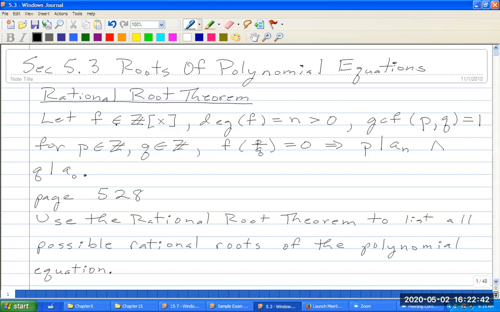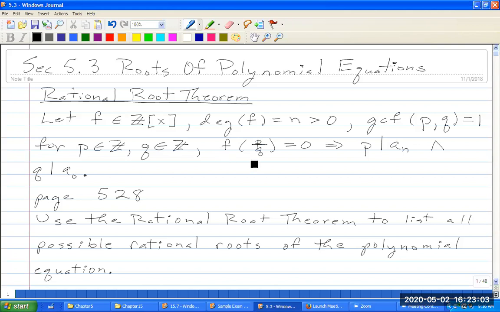Okay, so let F be a polynomial with integer coefficients. Suppose that it's non-constant. Let P and Q be two integers, and of course, you don't want to divide by 0, and let them be relatively prime.